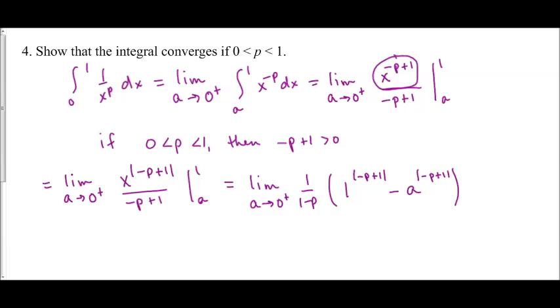And now, when I substitute in for my limit as a goes to 0, this is going to go to 0, but it doesn't really matter because it's in the numerator. So this integral is going to go to 1 over 1 minus p, and because it's equal to an actual number, depending on what p is between 0 and 1, that tells me that this integral is going to converge. And all of this should look familiar because it's very similar to the p-series that we talked about in Chapter 10.